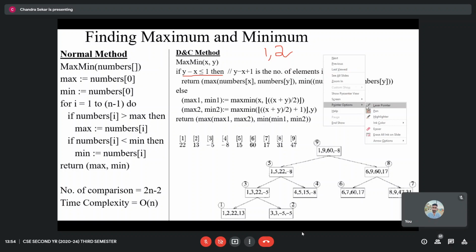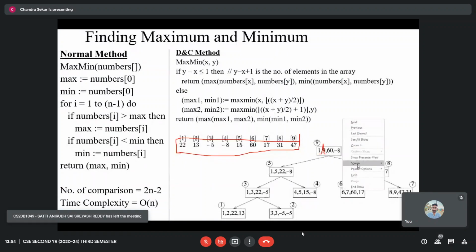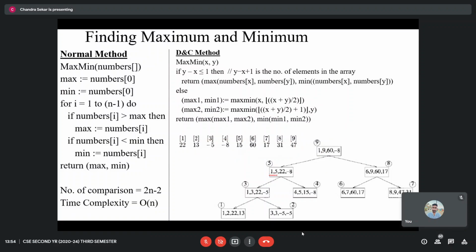So let me explain this algorithm with an example. Here there is an array of say 9 elements. Now this algorithm will find the midpoint and divide the array into two halves. So 1 to 9 is the actual indices. This array is going to be divided into two halves, that is 1 to 5 and 6 to 9. Again this 1 to 5 will be divided into two halves, that is 1 to 3 and 4 to 5.